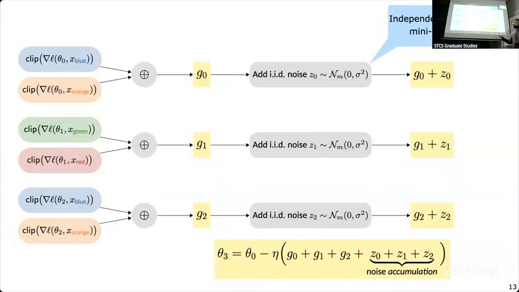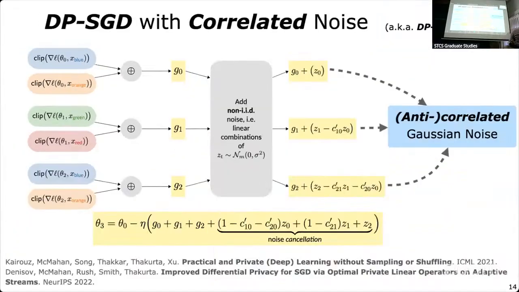A class of approaches that recently gained prominence in about 4 years now is to use noise which is anti-correlated across iterations. Essentially what happens is in the first iteration we get our gradient G0, we add some fresh noise.